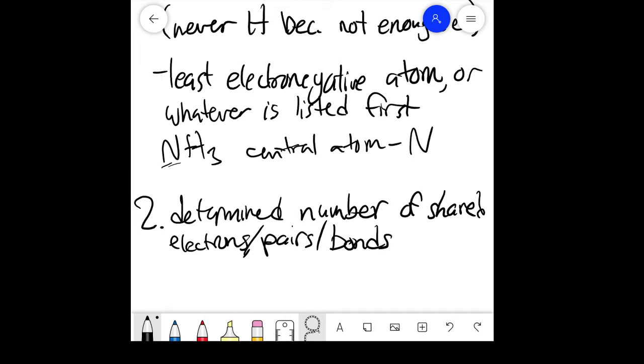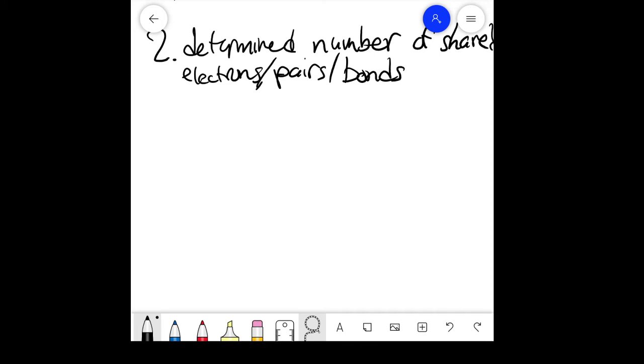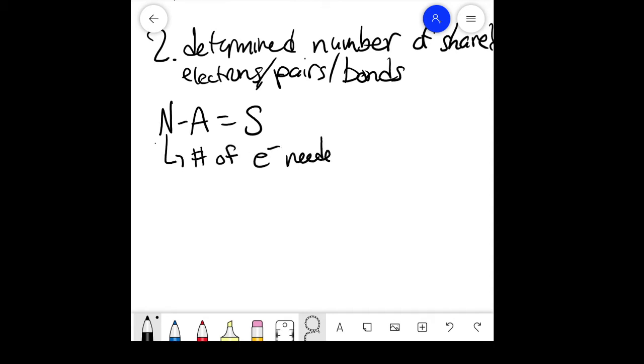So there is a little equation you can do to get this, N minus A equals S, where N is the number of electrons needed to be stable.